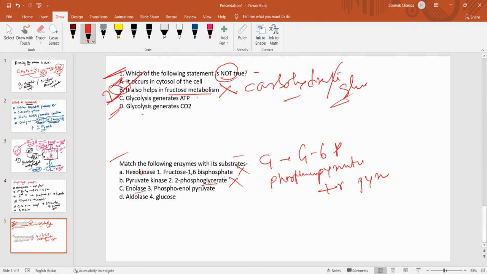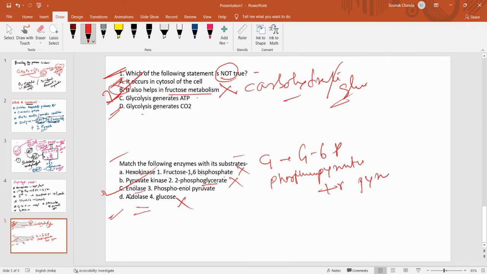Enolase converts 2-phosphoglycerate to phosphoenol pyruvate. And number 4 is aldolase converting glucose. No, glucose is converted by hexokinase. So these three options are absolutely wrong. Then option C is the correct answer.